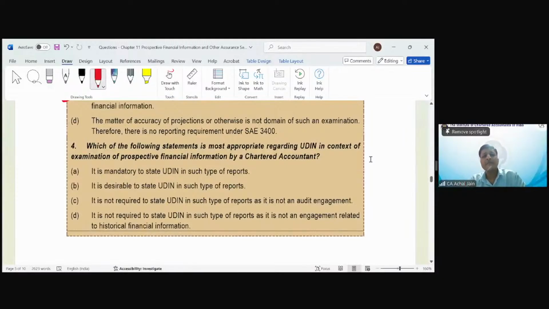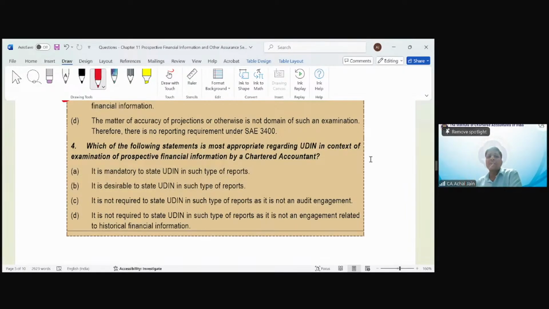Okay. Next question. I'll come to your query, let's get done with this. Which of the following statements is most appropriate regarding UDIN in the context of this examination of prospective financial information? I think I have answered this, but again, let's look at this. A. It is mandatory. B. Desirable. C. Not required because it's not audit.